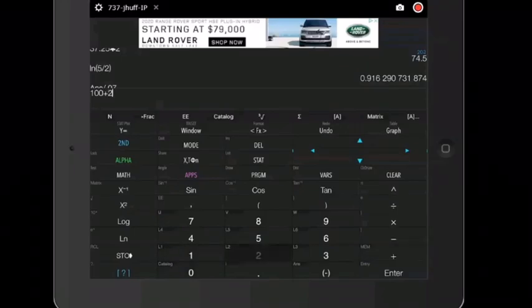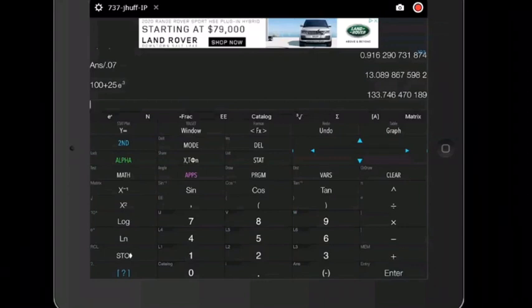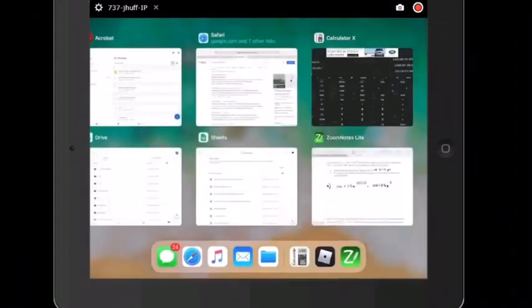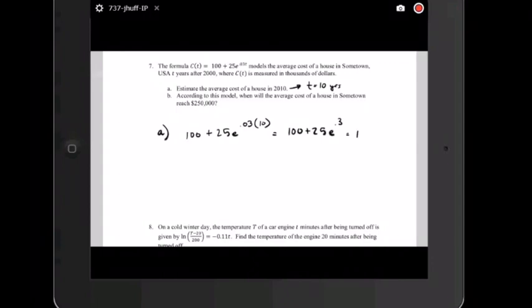So I need 100 plus 25 times e to the 0.3. It's 133.7, and that's in thousands of dollars. So it's 133.7 in thousands of dollars, so $133,000.